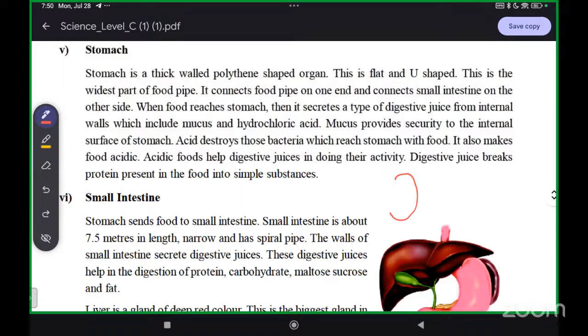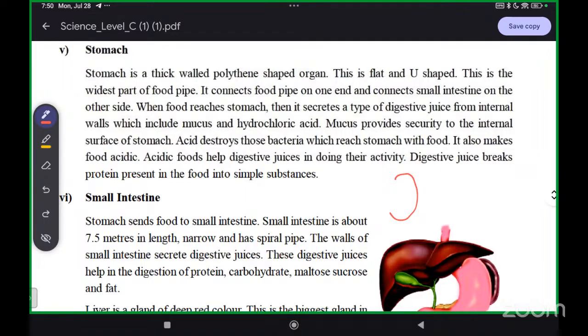Mucus provides protection to the internal surface of the stomach, and the acid destroys the bacteria which reach the stomach with food. It also makes the food acidic. Acidic food helps digestive juices in doing their activity. The digestive juice breaks the protein present in the food into simpler substances.